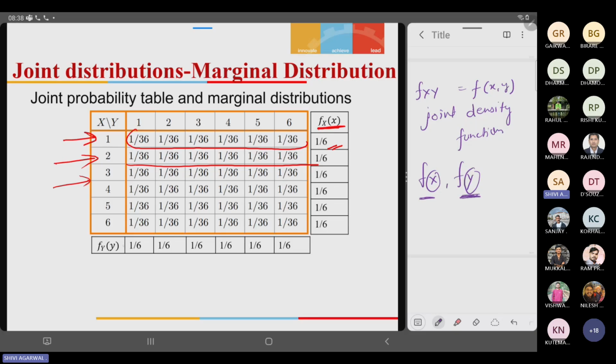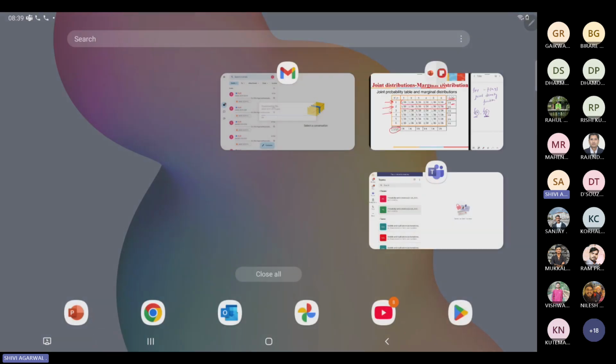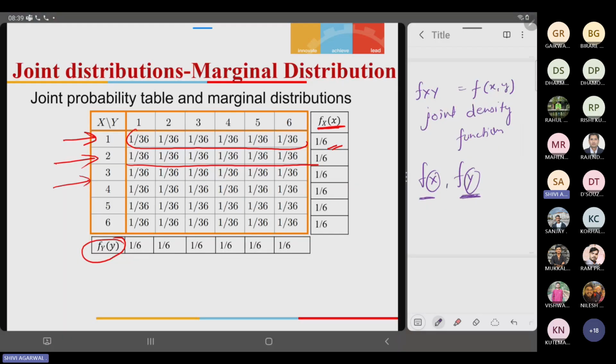Similarly, we can find the marginal density function of y. We just add column-wise. So for y equal to 1, we add it, and 1 by 6 here; for 2, that is 6 by 36, then 3, it is 6 by 36, that will become 1 by 6 actually.